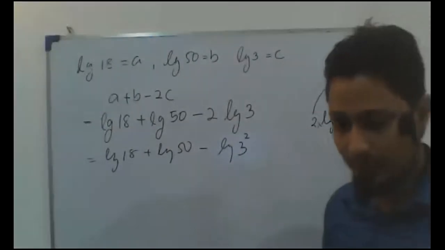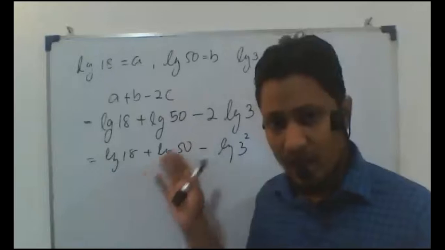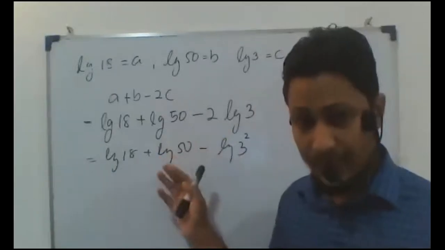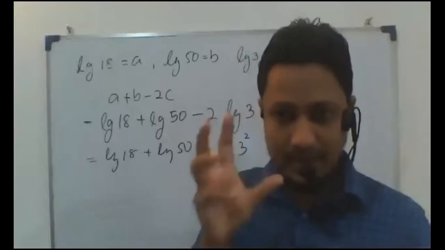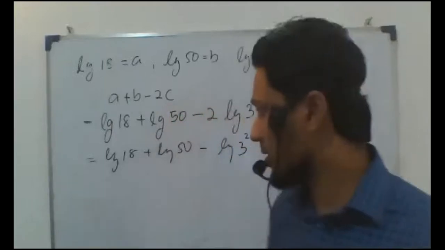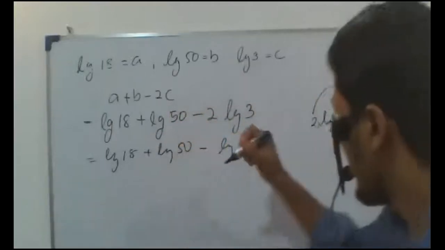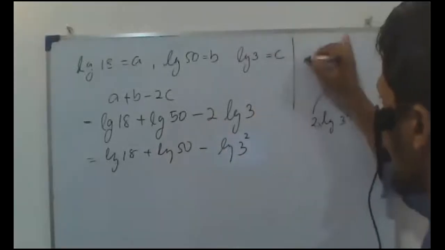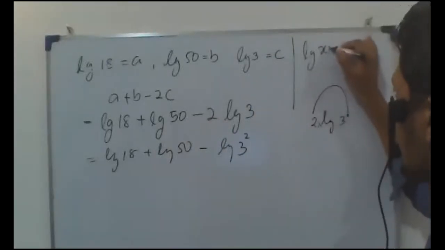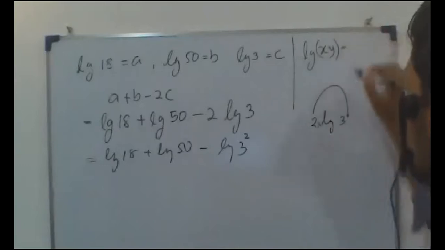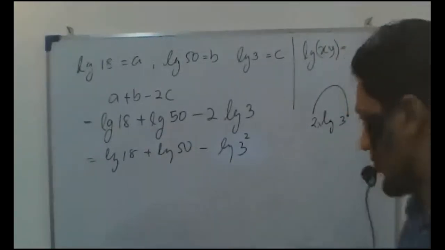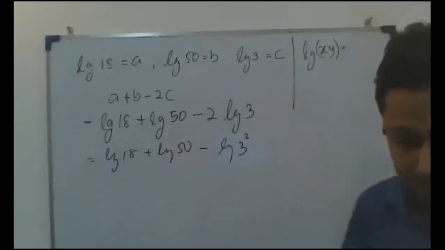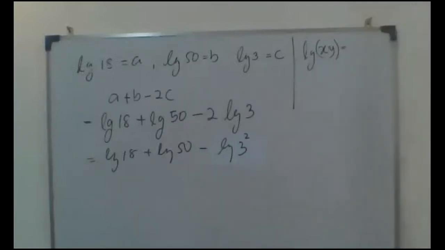Okay, however, next one, how to write the answer for this question. In logarithm you studied, there is a theorem, a theory part. Here look at it, what is the theory? I'll just write it here. When we have LG of x into y, while we have the multiplication between two numbers or two letters using the logarithm, we can give this logarithm separately.